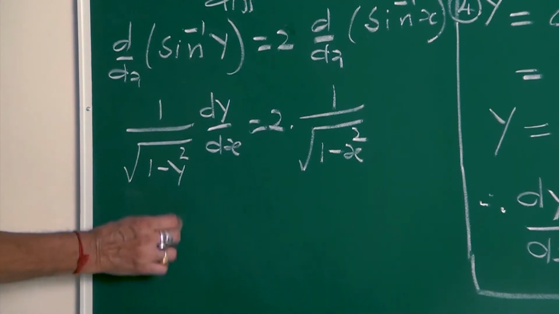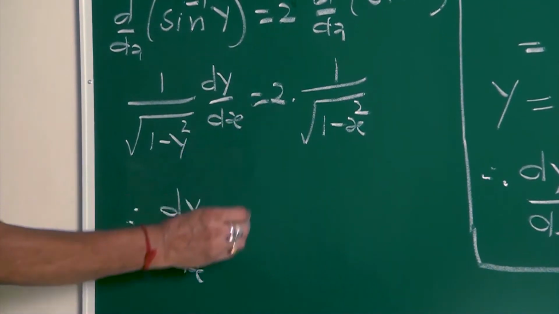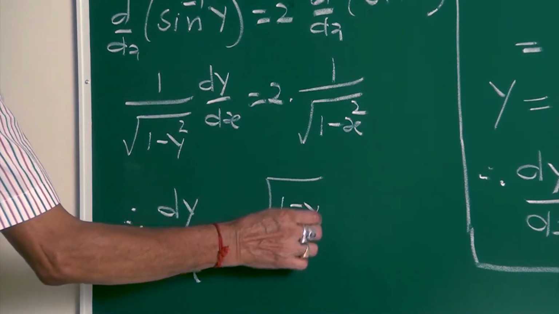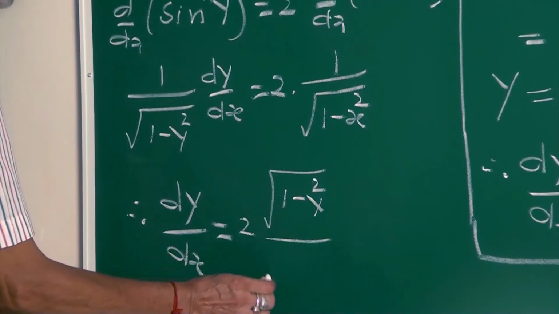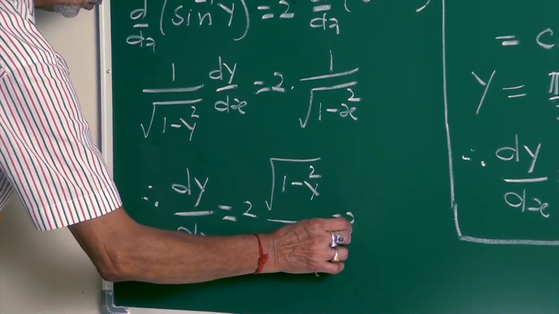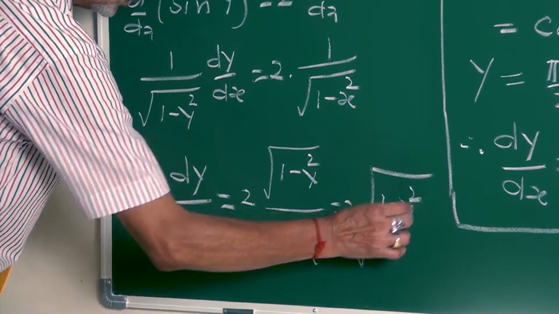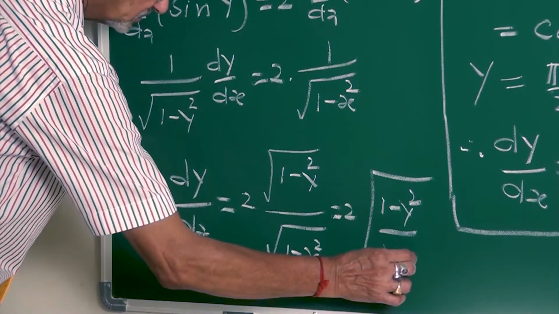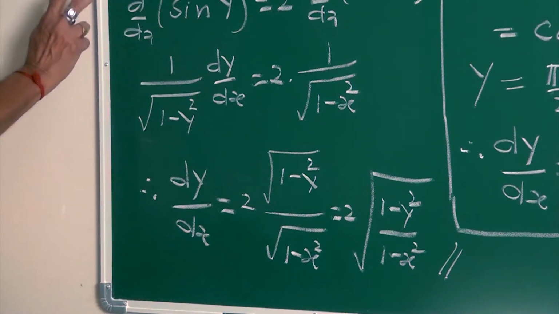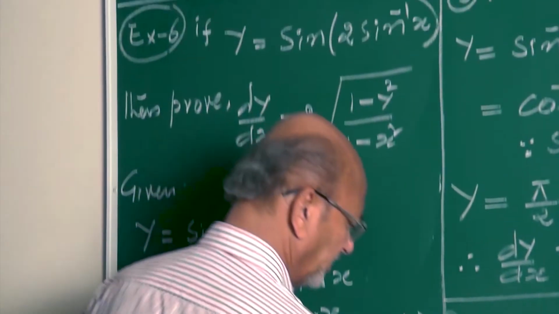Therefore, dy by dx equal to 2 into square root 1 minus y square upon root 1 minus x square, which is 2 into square root 1 minus y square upon 1 minus x square. Hope understood. Copy it, my friends. I will explain once again.